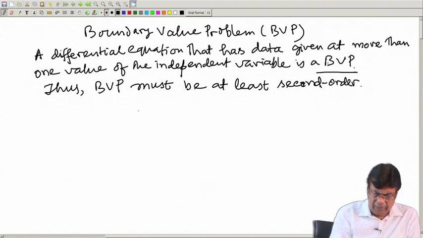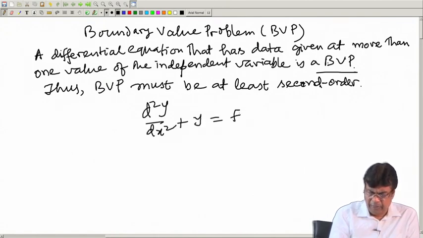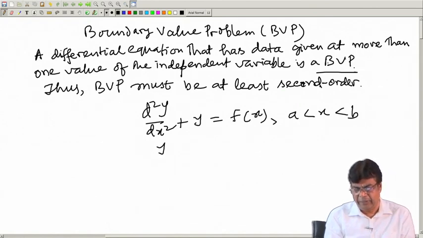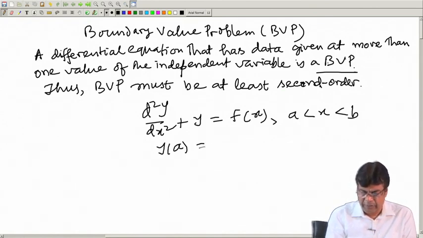Say for example, one of these boundary value problems we can write as d2y dx2 plus y equal to some f(x), where x is varying from a to b, and there are two conditions for a second order equation. Two conditions are given at two different points, y(a) and y(b).